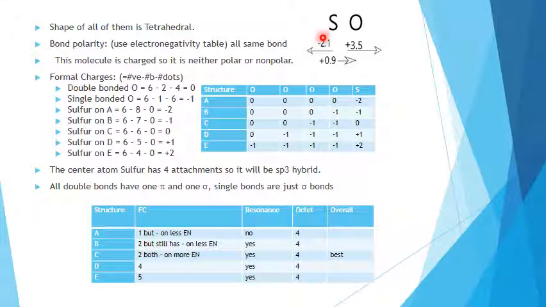Now, in the last PowerPoint, I told you that you could figure out the polarity of the whole molecule if you know the polarities of all the bonds, and you can do that. But you probably need to draw this out and do vector math, which we won't do here.